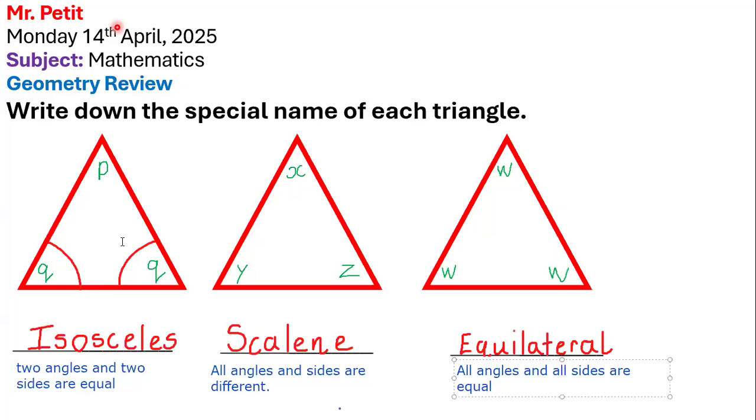All the angles and sides are different. And for equilateral, all the angles and sides are equal. Okay. Good. All right, so that's the three different types of triangles.